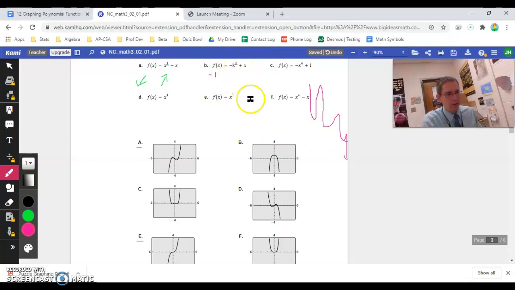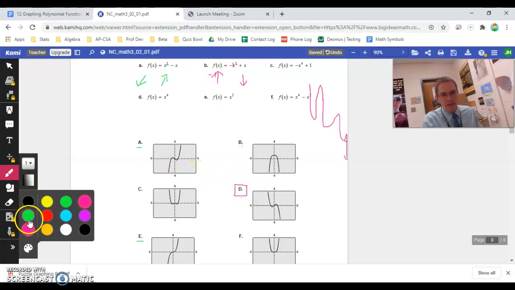So I'm needing it to be going down at the end, which makes B a possibility, or D. But remember, we just said if the degree is odd, they have to go in opposite directions. So if this side is going to go down, the other side is going to have to be going up. So this end behavior would be up, down, and the only one that would work for that is D. So I know for sure that B matches up with graph D.